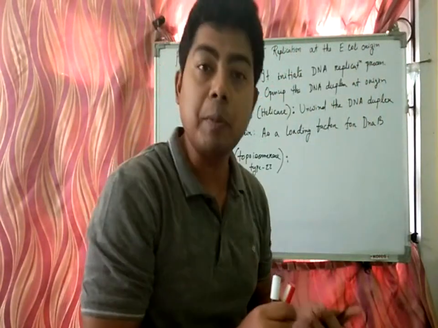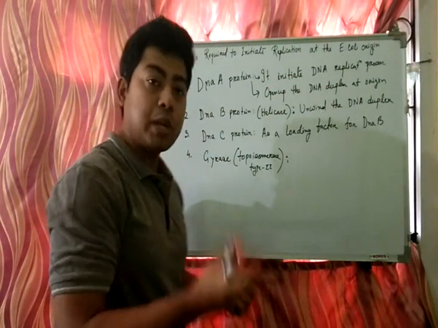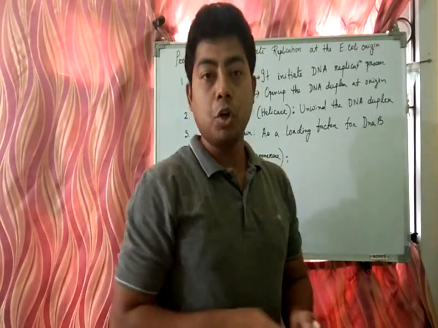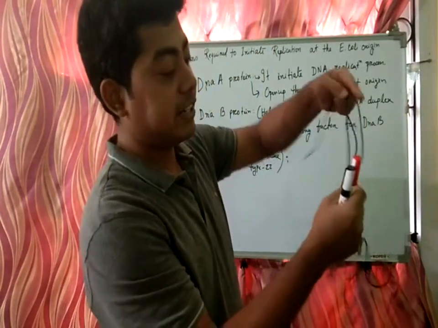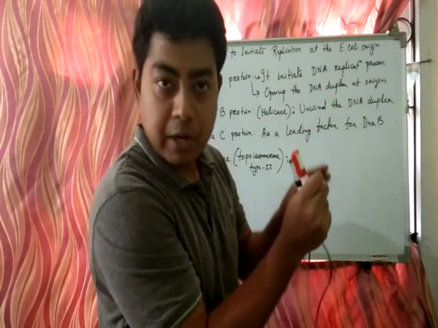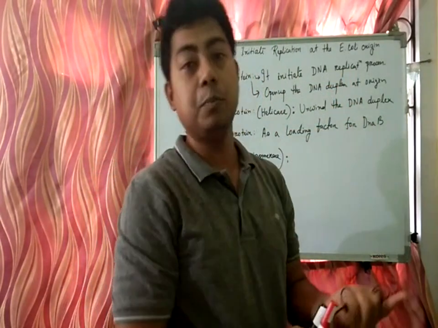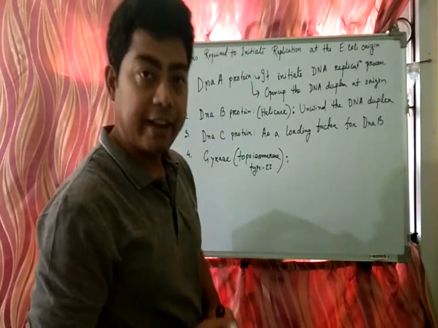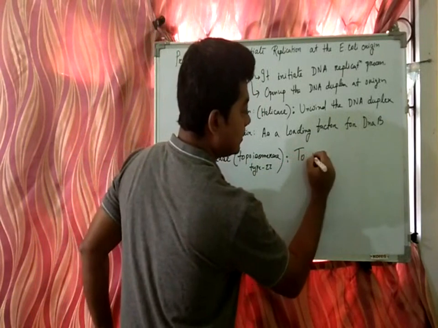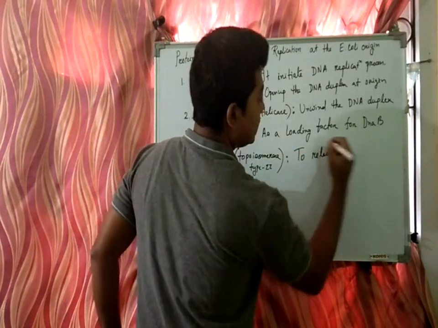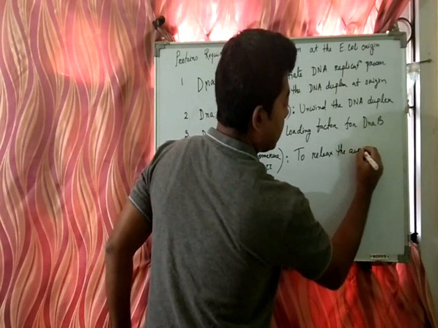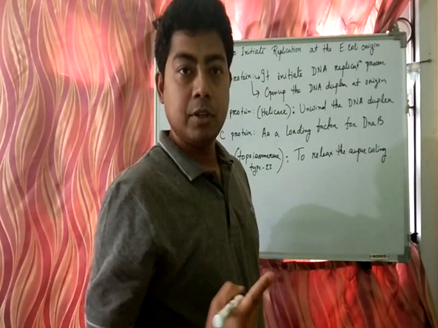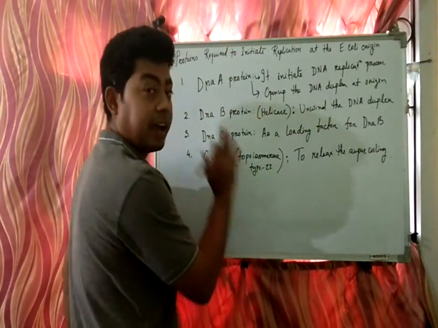There are actually two types of topoisomerase, topoisomerase 1 and topoisomerase 2. Topoisomerase 1 can cut only a single strand of DNA and relax the supercoiling, and topoisomerase 2 can cut both strands and relax it. So the function of gyrase is to relax the supercoiling or the tension. That is the function of gyrase.